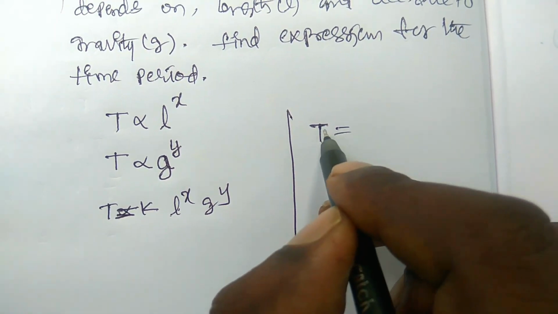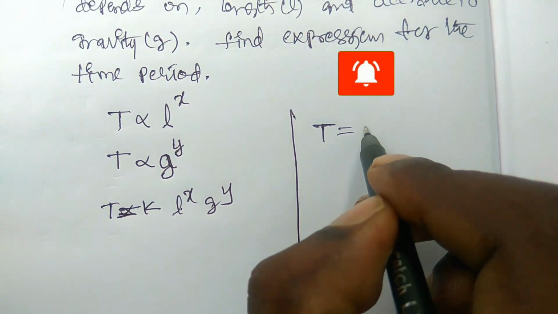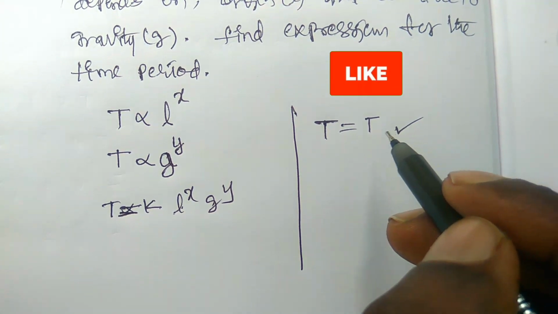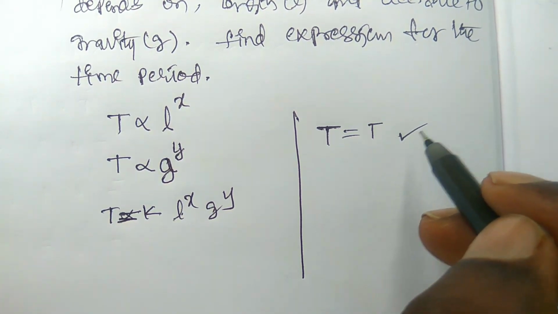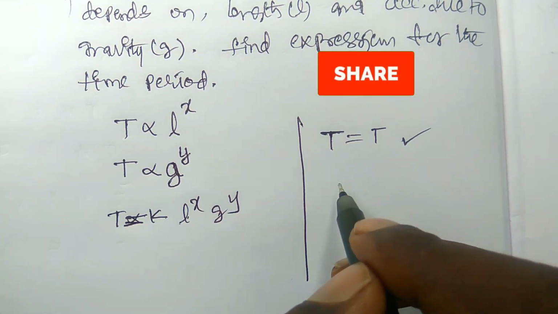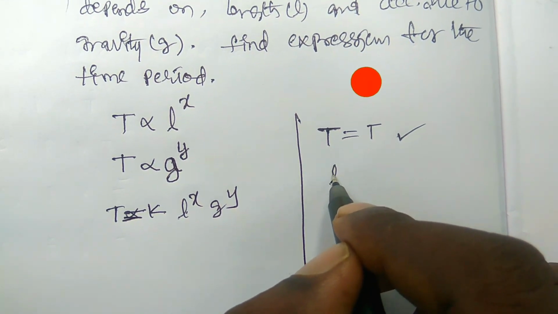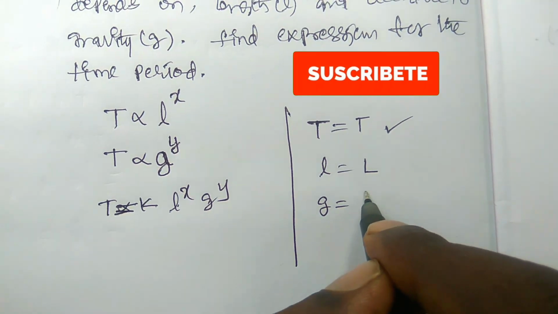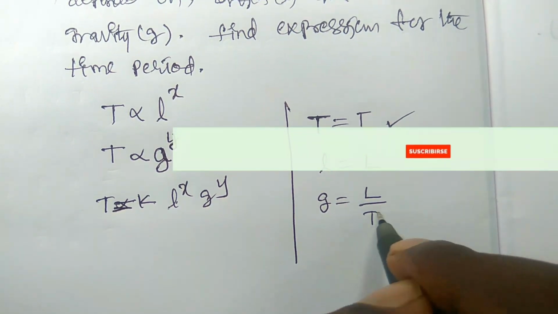The dimensional formula for time, T can be measured in time only, so the unit of time is seconds. You have to write time, and L is the length, and g is the acceleration due to gravity, it is L by T square.